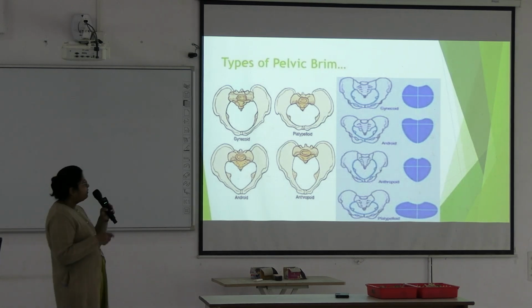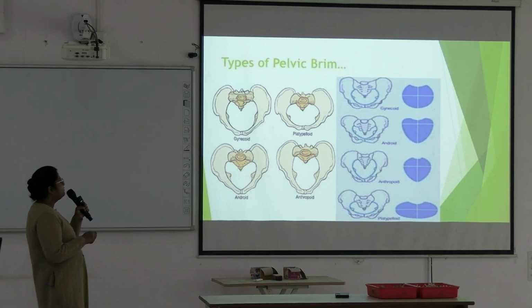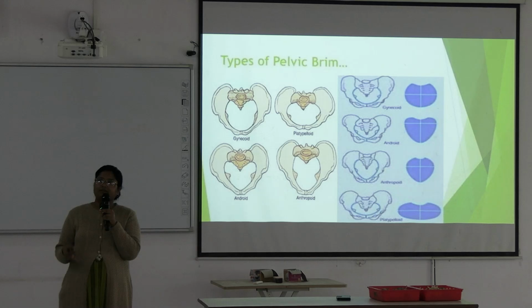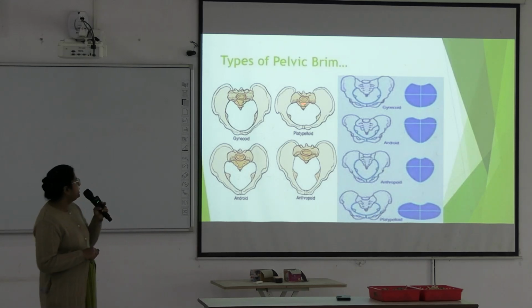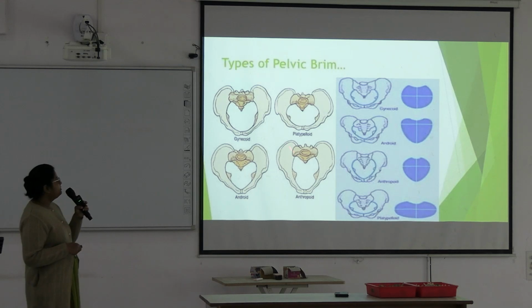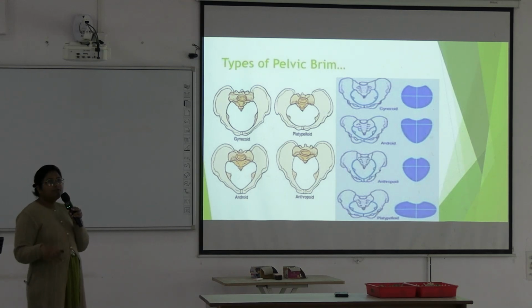Okay. So of all these, only in the gynecoid pelvis is there a chance of normal labor. But in all other types of pelvis, if they are present in a female, there is less chance of normal labor and there will be cesarean section. Okay, understood? So that's why you have to know the different types of pelvis.